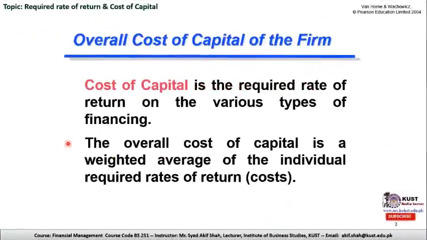So this definition explains that the overall cost of capital for the firm is the weighted average of the individual required rates of return. This WACC, or weighted average cost of capital, will be discussed in my subsequent lecture.